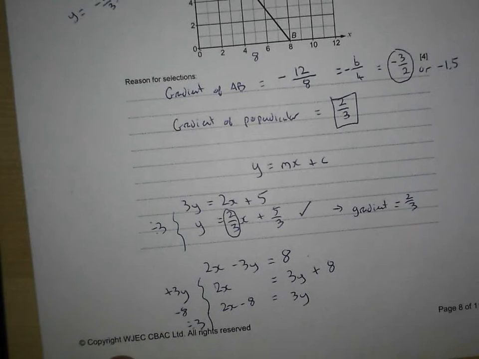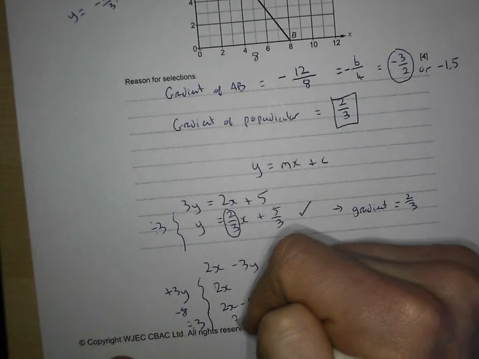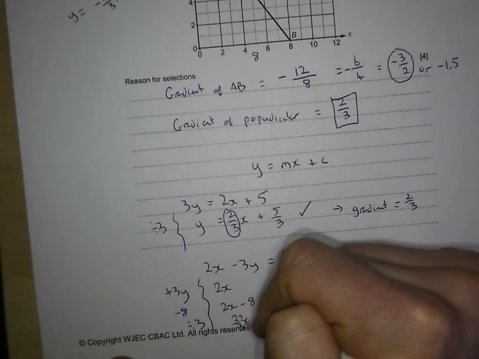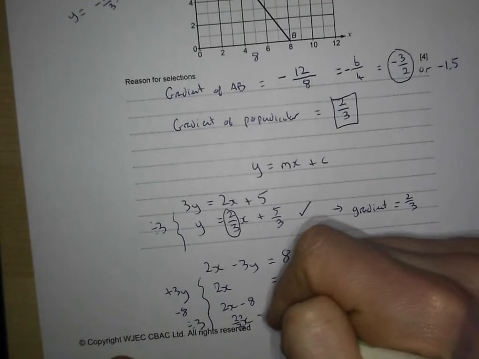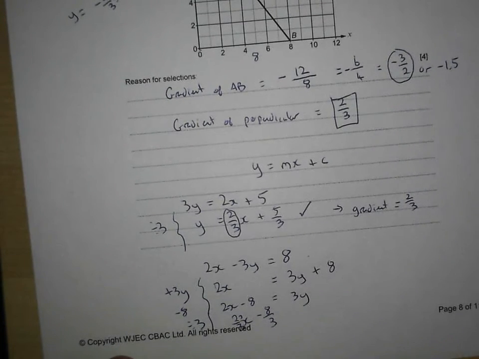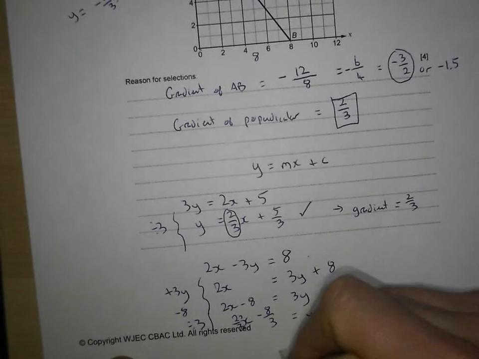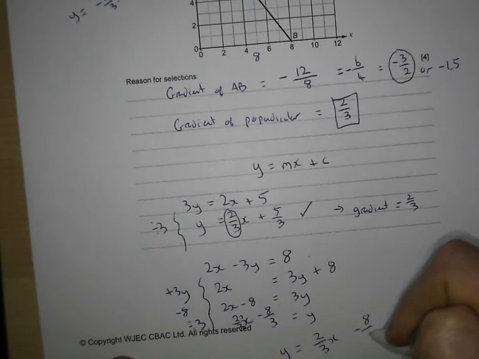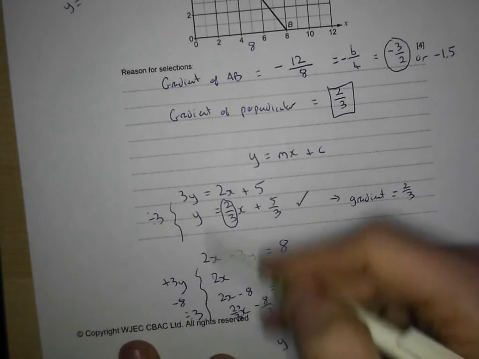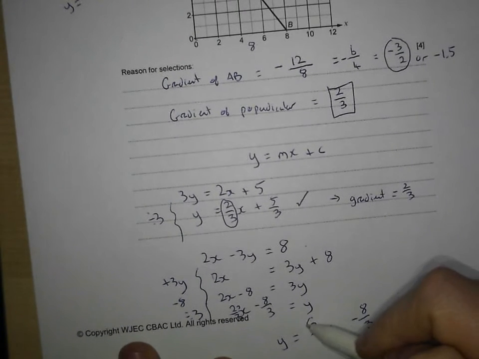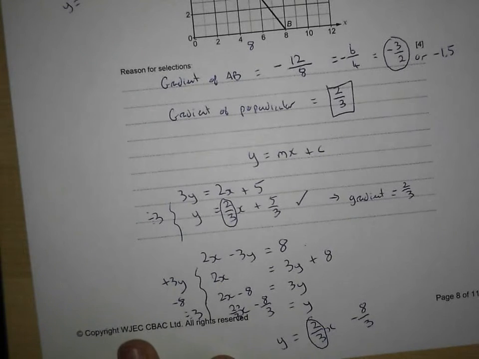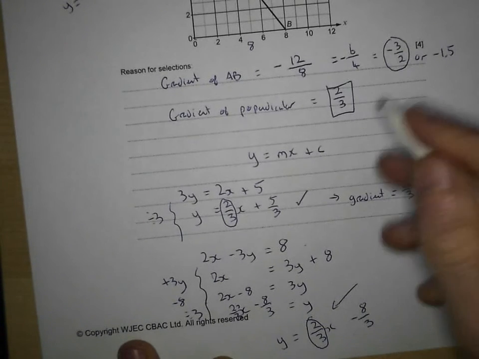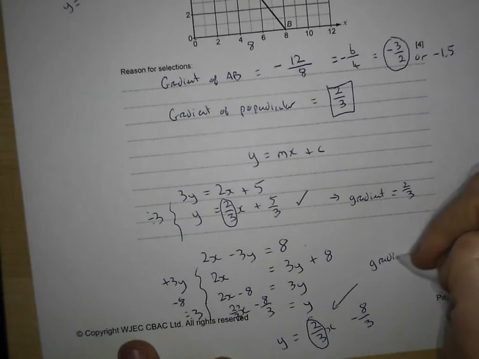So I end up with 2 over 3 x minus 8 over 3 is equal to y. So y is equal to 2/3 of x minus 8 over 3, following a nasty rearrangement. And that's looking good as well, because look what I've got there, a gradient of 2/3. So I also there have a gradient that is equal to 2/3.